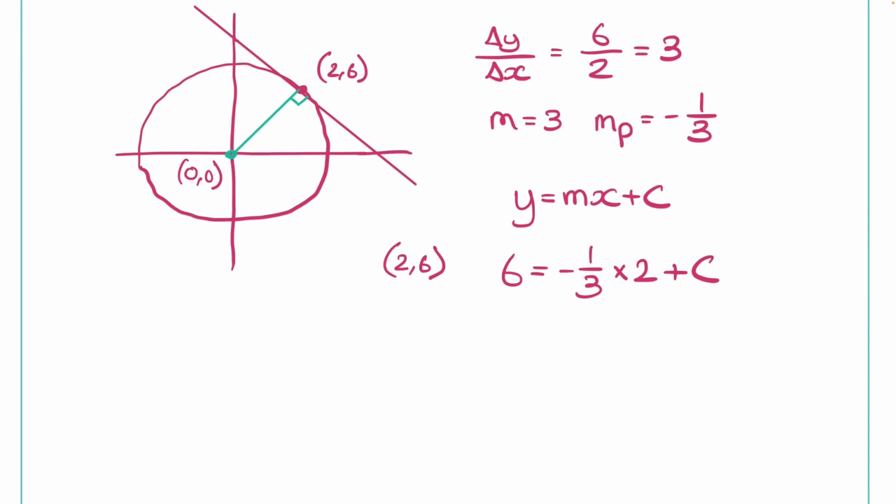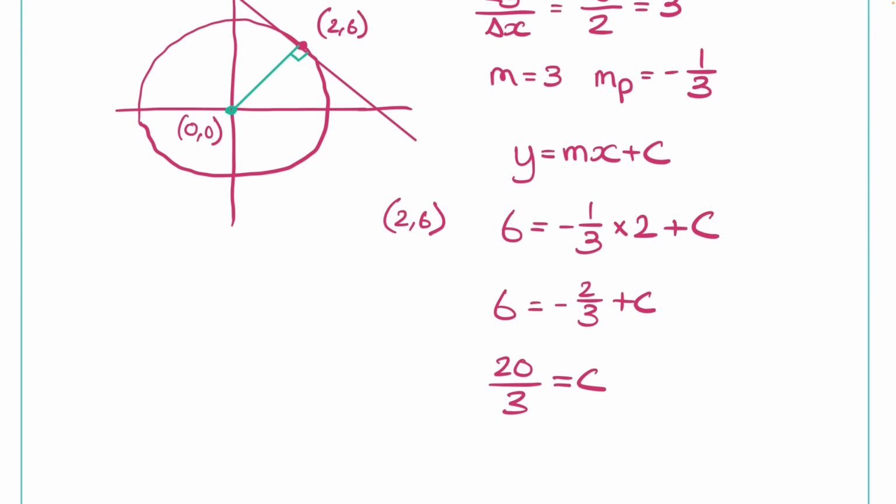We can type the minus a third into the calculator, but it's just minus 2/3. So 6 is equal to minus 2/3 plus c. And then we can do 6 add 2/3, which I will type in on the calculator because it will give it me as a nice improper fraction. We get 20/3 is equal to c.